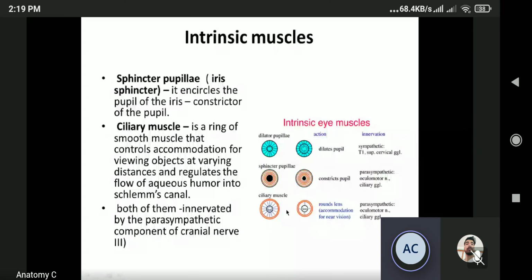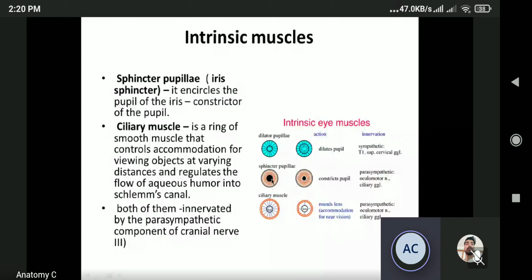Okay. So this is about the intrinsic muscles. Just remember these pictures: dilator pupillae, sphincter pupillae, and ciliary muscle. The dilator pupillae dilates the pupil, innervated by sympathetic T1, superior cervical ganglion.